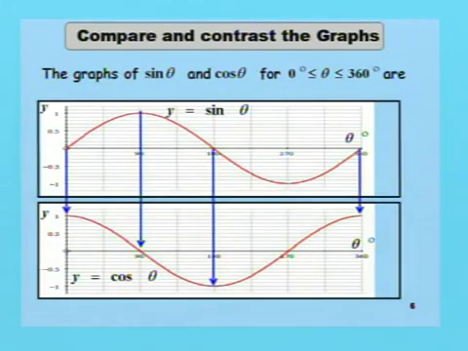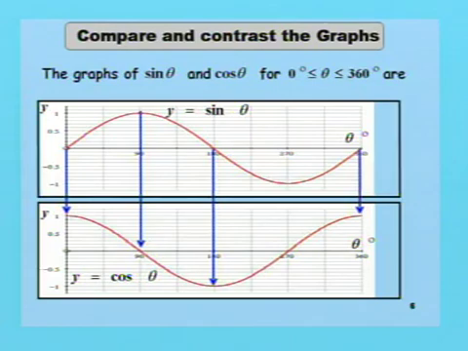Let's compare and contrast the graphs of sine and cosine in the range 0 degrees to 360 degrees. The graph above, the first one at the top there, is the graph of the sine function, and the graph below is the graph of the cosine function.